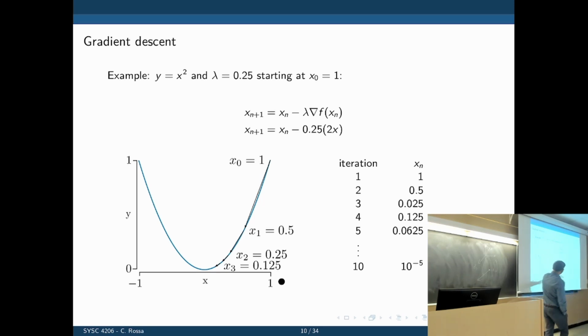Well, it's just these values here. What's the actual value of the function? It's these values here squared. Right? So they evaluate the actual minimum of the function. So you see here the first step was very big. We went from 1 all the way to 0.5. And then the steps get smaller and smaller as we approach the actual minimum of the function.